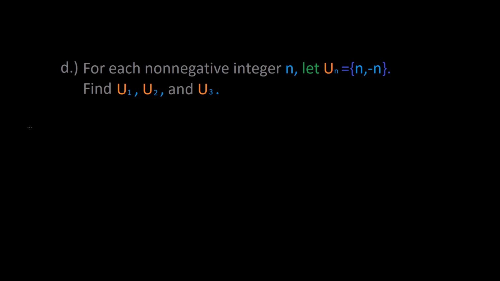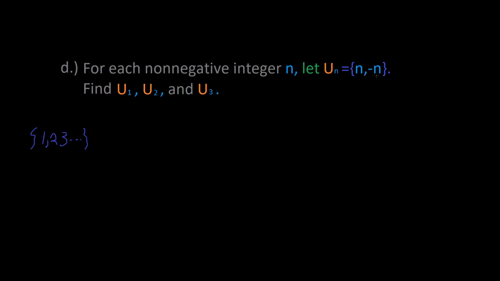And so that just means everything like this: 1, 2, 3, dot, dot. Remember what that is? Our ellipsis. And this is our set. So everything within this given set forward. So let's think. That says integer n, let U sub n equal the set of n comma negative n.